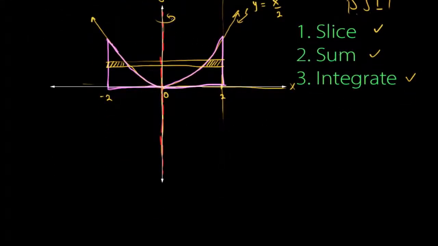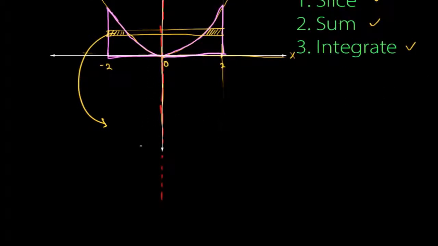Now since the whole thing spins about the y-axis, what kind of shape is it going to give us? Let me bring this shape here. If I extend this down, this is just going to be my slice. It's going to have something like this.